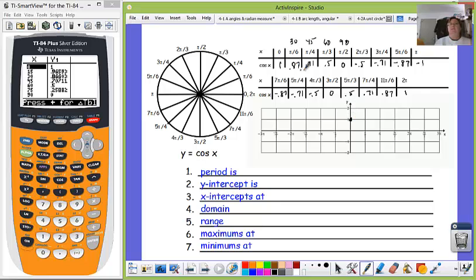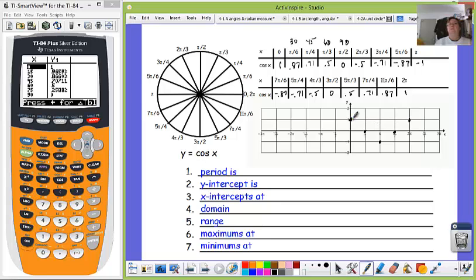Okay? To graph this easily, we still can think about what it's doing at the quarter points. At pi halves we're at 0, so we go from max to 0. At pi we're at the minimum, negative 1. At 3 pi halves we're back to 0, and at 2 pi we've come full cycle.